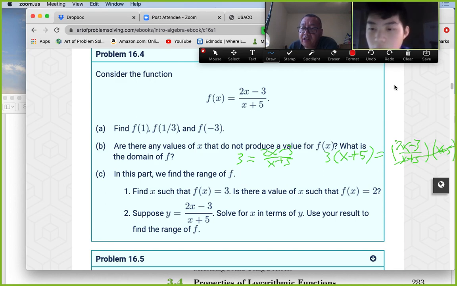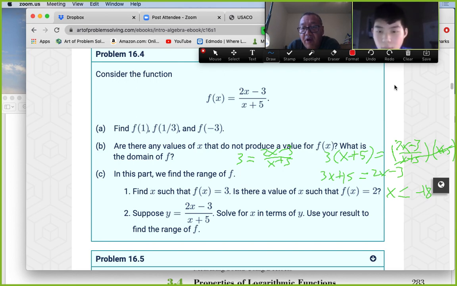Yeah, the right side, that's cancelled. Then you can get the equation will be much easier than before. Yes, that's correct. You got x equals negative 18. Very good.